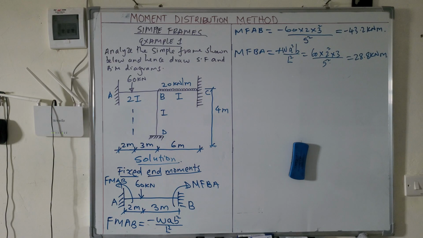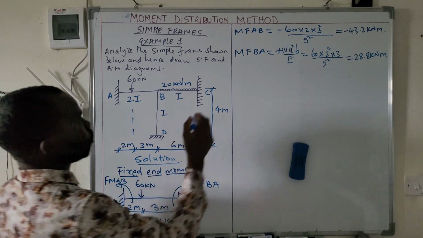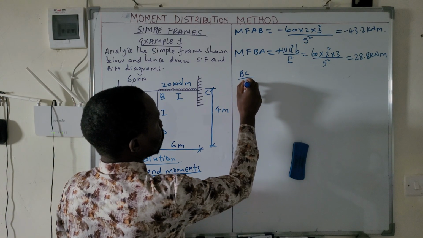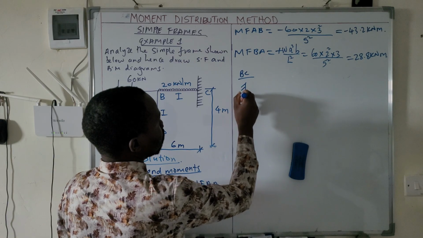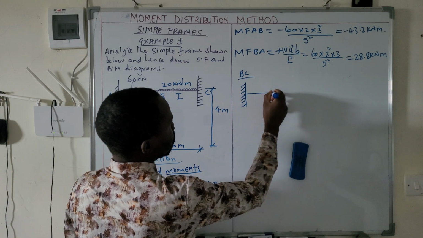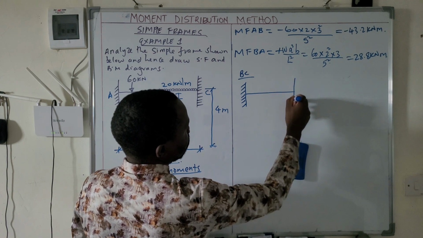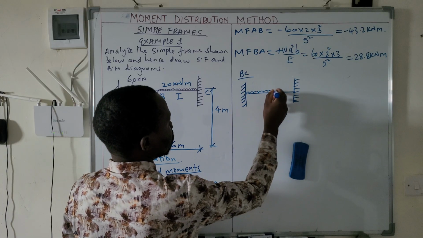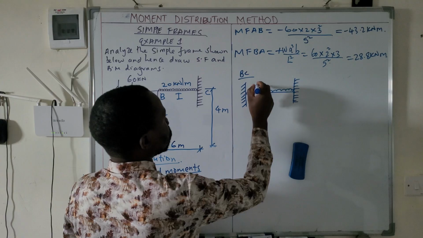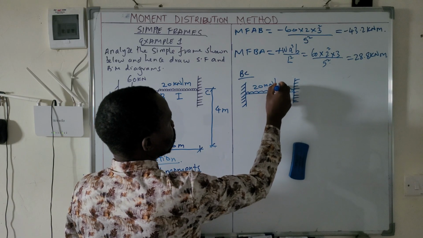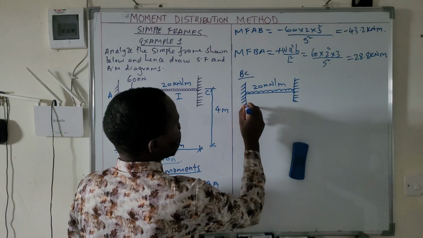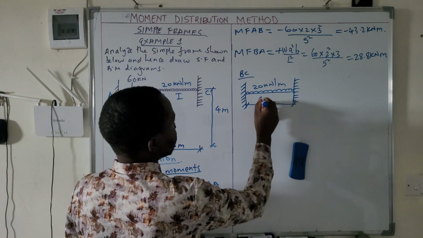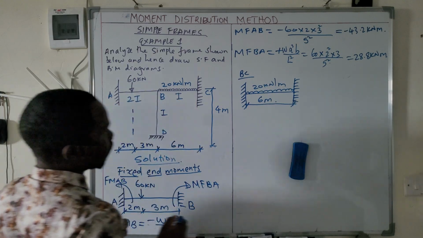We proceed to span BC. So we go to BC. If I can draw BC, and I show each point is fixed, like that, and then we have this. So 20 kilonewton per meter, and then the distance, we have 6 meters, like that.